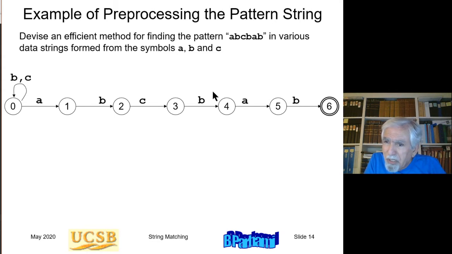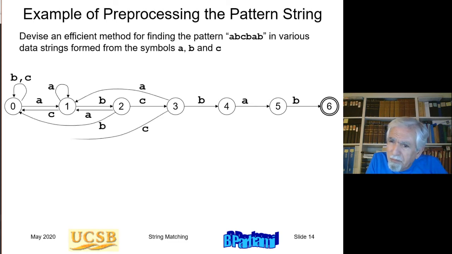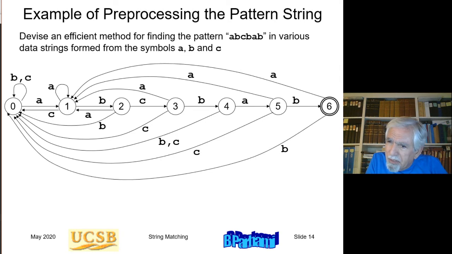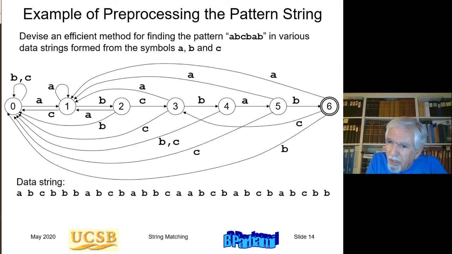Okay, so that should take me from this state to this state, because that A is now the beginning of another string that is a possible candidate. So I can complete this state machine. I leave it up to you to study it and understand why those connections are made.